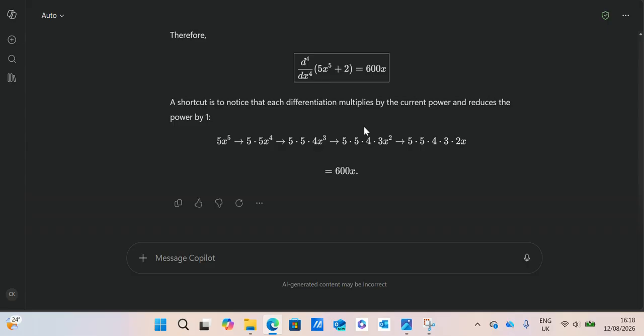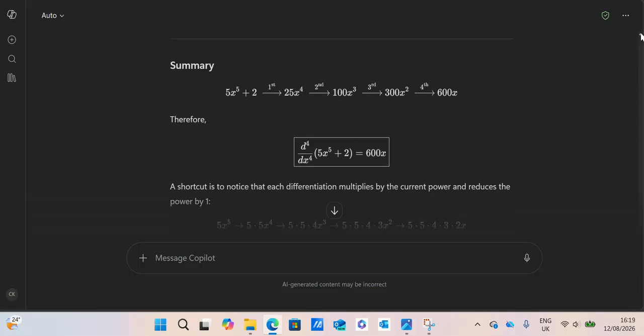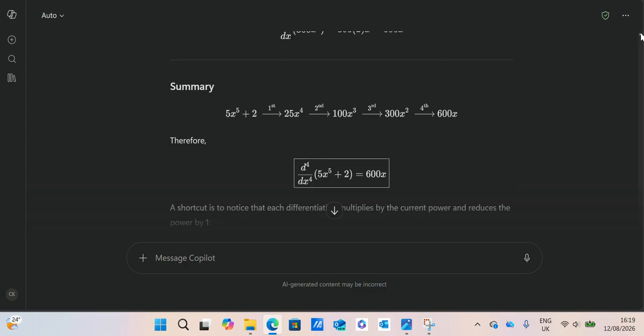So I've differentiated that 1, 2, 3 times. Okay, I've only differentiated it 3 times. So let me scroll back up. Yes, so this is d3, d2, d1, d, I assume.